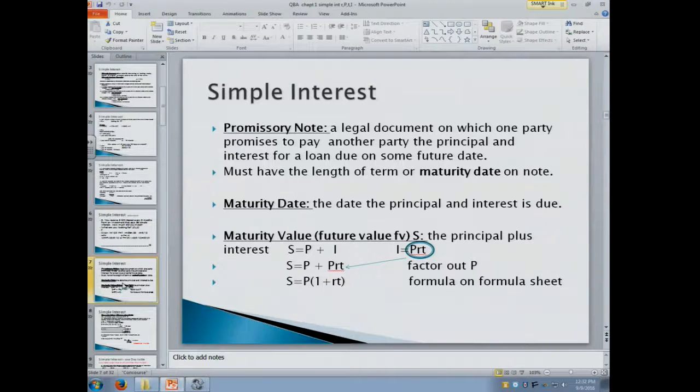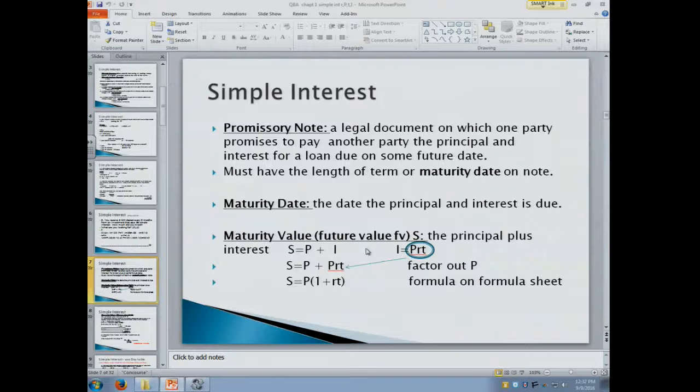I'm going to let you read this for a second, a promissory note. Anybody can write a promissory note. If you need money to pay for Hudson Valley, you can write your grandmother a promissory note. Now, instead of just finding the interest at the end of the term, at the end of the loan, you not only owe the principal, but you owe the interest.